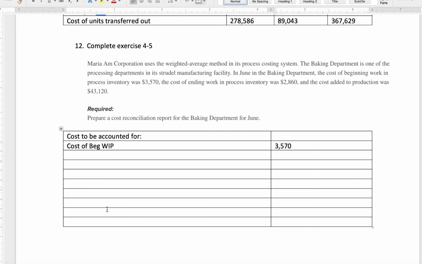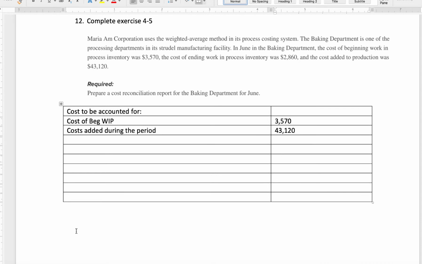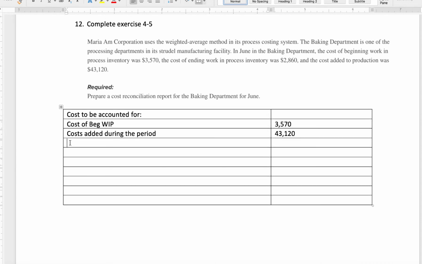They tell me what my cost added to production is during the period, the $43,120. So I'm going to say costs added during the period is the $43,120. Okay? So what are the total costs to be accounted for?